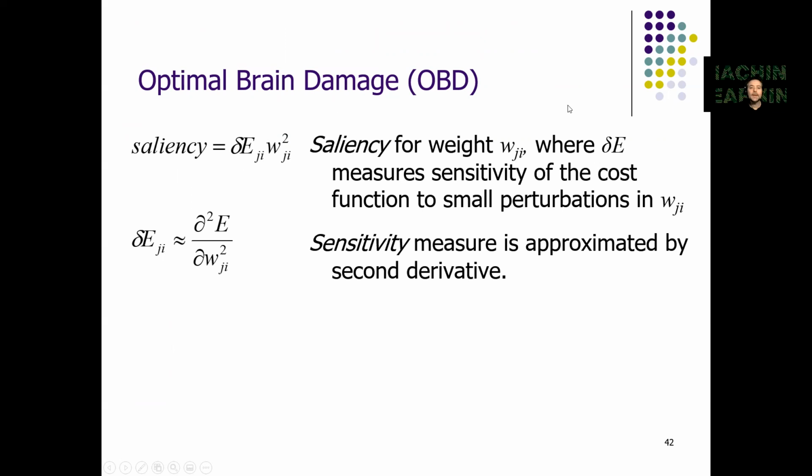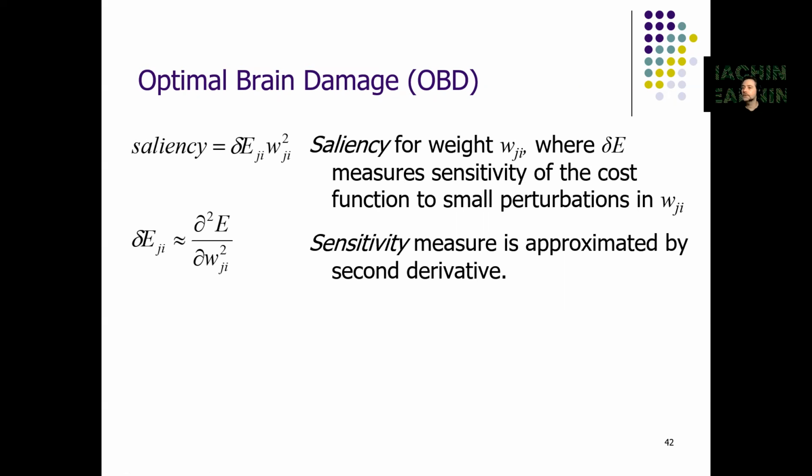And this is how you can measure the saliency of the weight. The second derivative is a measure of the sensitivity of the cost function to small changes in that weight. So the sensitivity is measured in this case by approximating the second derivative. Formally, you have to measure the second derivative, but you understand what that means.